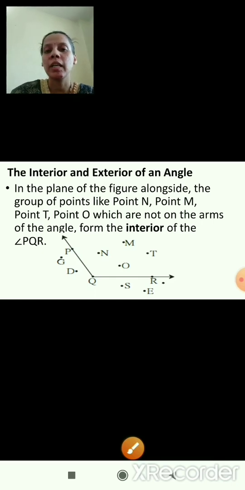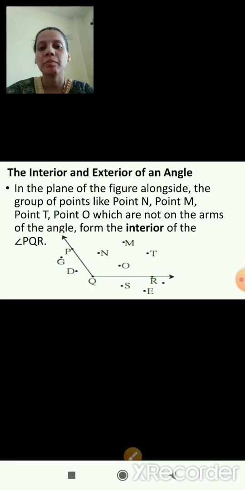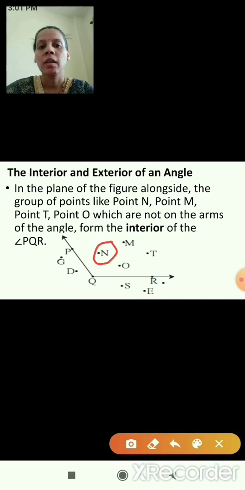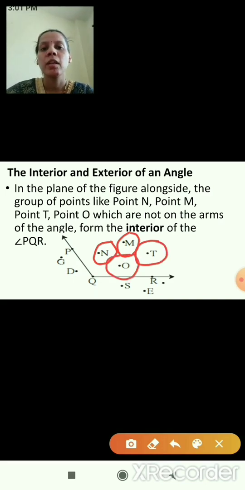The interior and exterior of an angle. What is the meaning of interior points and what is the meaning of exterior points, that we will see now. In the plane of the figure alongside, the group of points like N, point M, point T and point O are not on the arms of the angle.